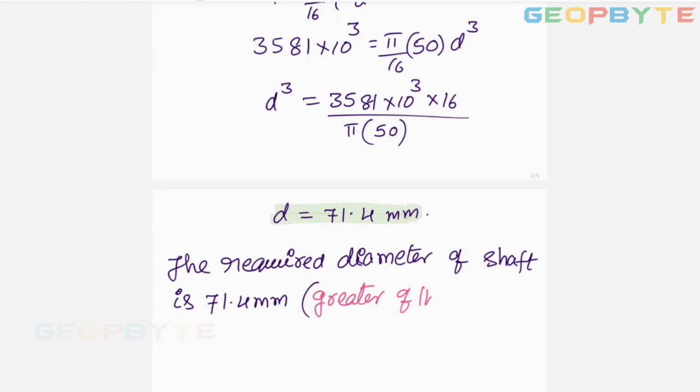That is how you can decide the suitable or required diameter. Whichever is greater, that means you got one diameter from the torsion, other diameter from the rigidity, the greater among the two values should be selected as the required diameter.